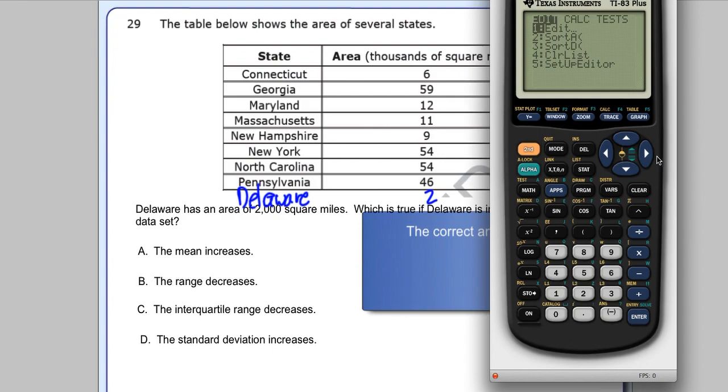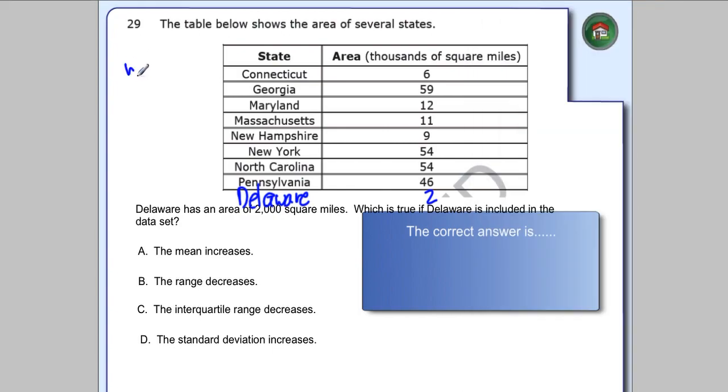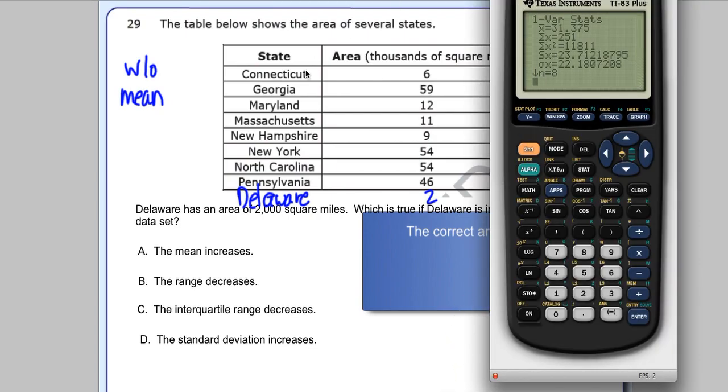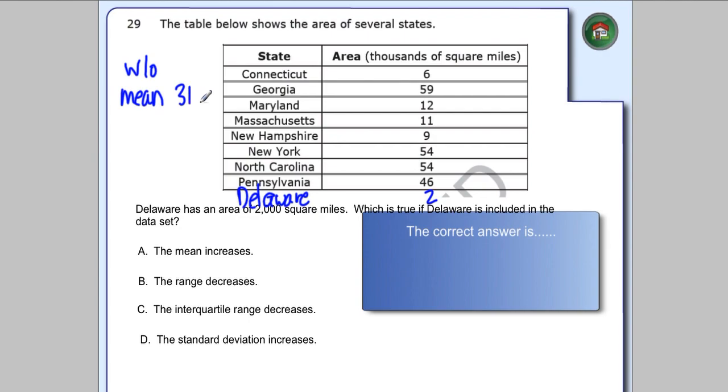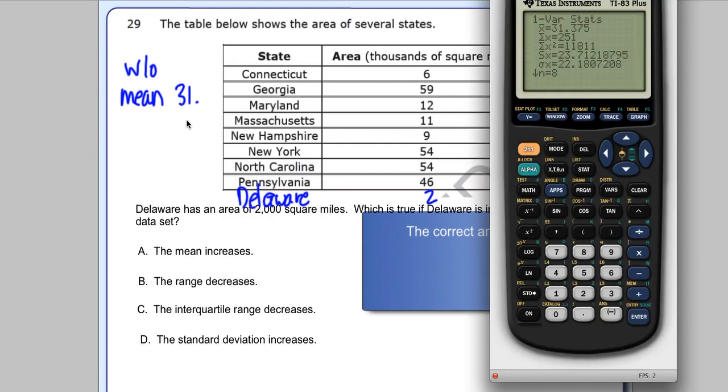Then if you go to Stat, Calc, and 1-Var Stats, it's going to tell you almost everything you need to know. The mean is going to be the very first one. So let's do without Delaware. The mean is that x bar, so you got 31.0375.